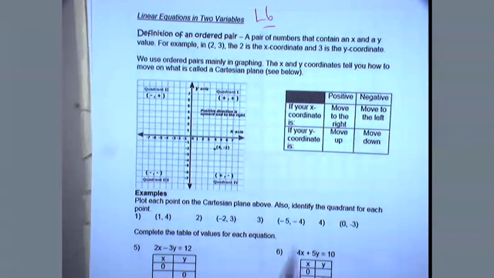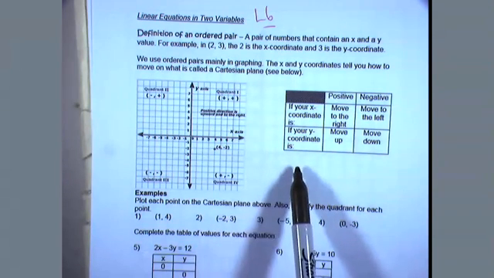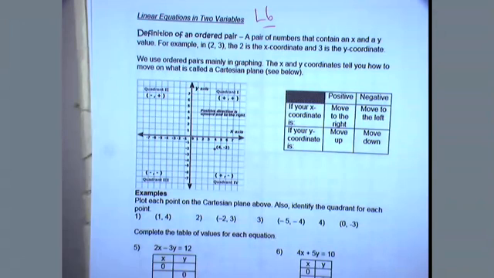Now, if your x-coordinate is positive, then you move that many spaces to the right. And if your x-coordinate is negative, then that means you move that many spaces to the left. I think of the y-coordinate as an elevator.